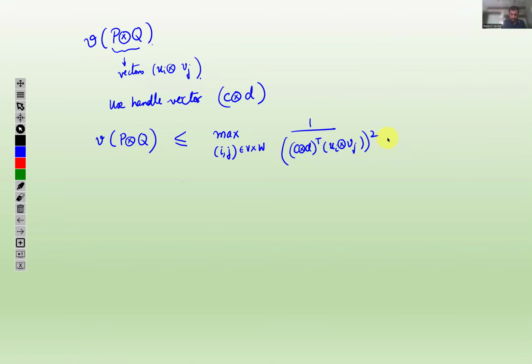Maybe this is not clear here. Yet again, c tensor d is a candidate handle vector.